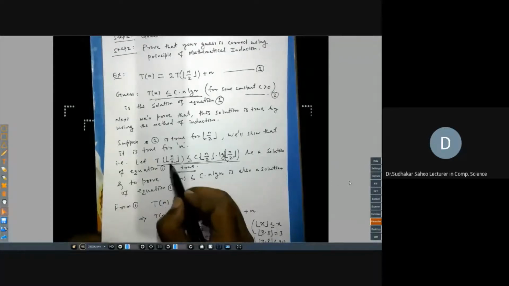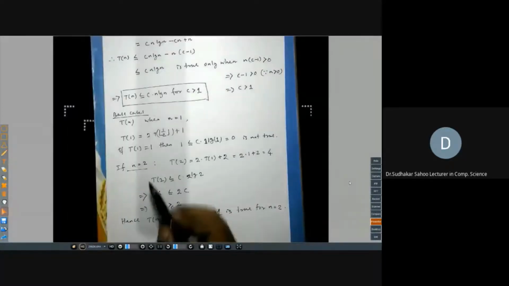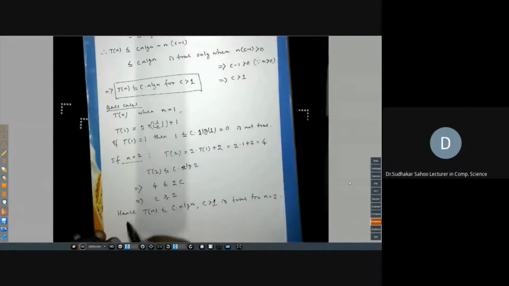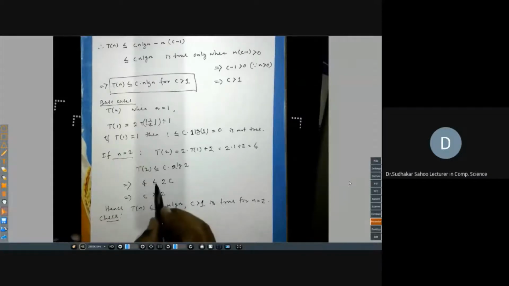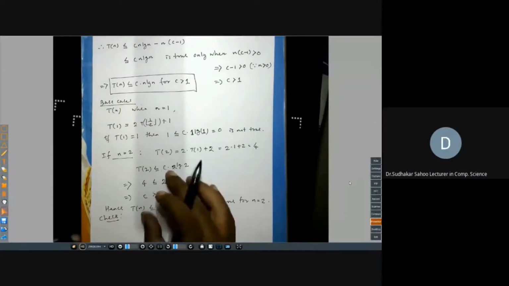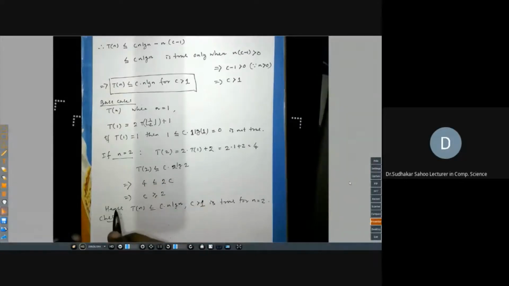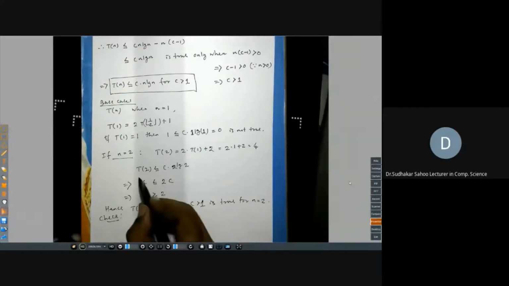So let us check whether n equal to 2 as a base case is sufficient, so that from this base case you can generate all the integers.